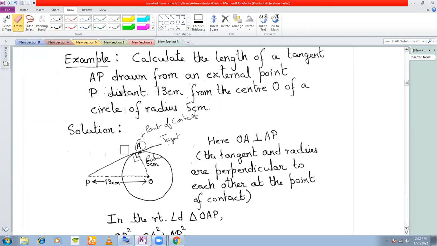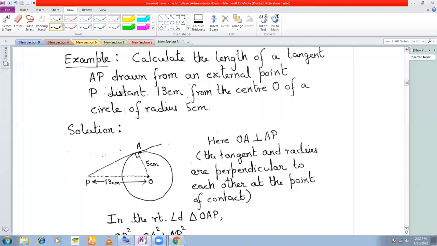So what have we done? We have actually constructed a right angle here. When angle A is 90 degrees, then triangle OAP becomes a right angle triangle in which OP is the hypotenuse. Once we know this is the hypotenuse, then we can apply the Pythagoras theorem here.